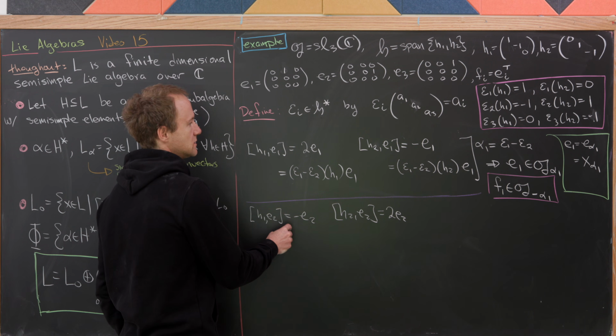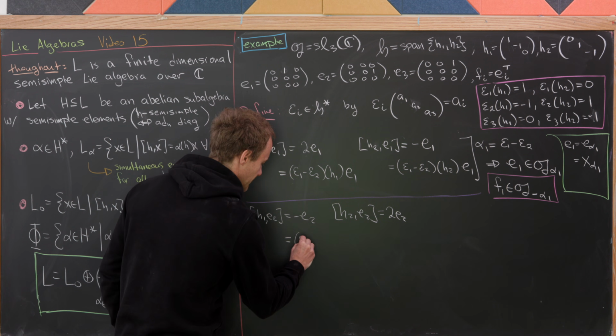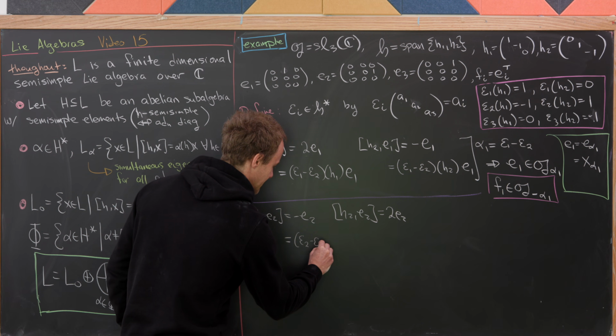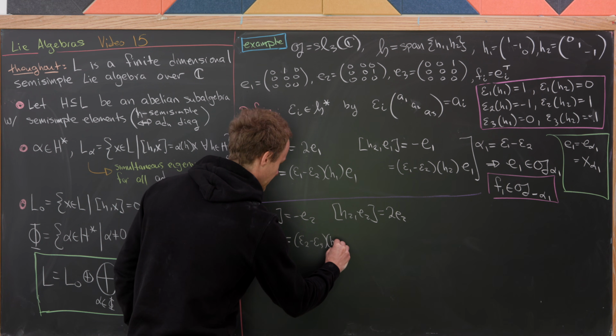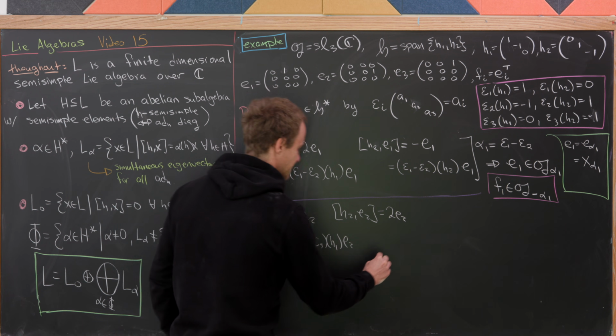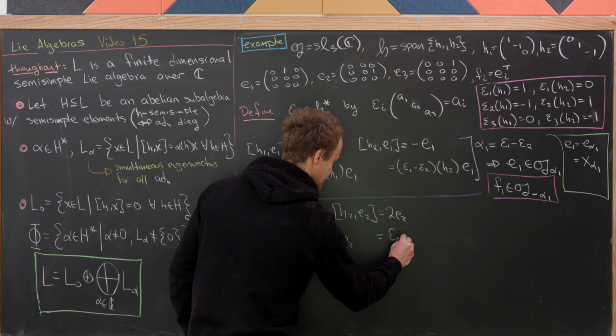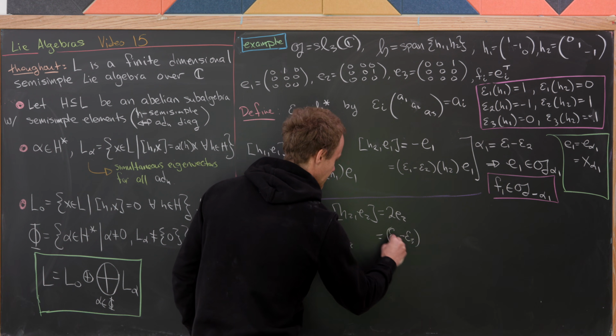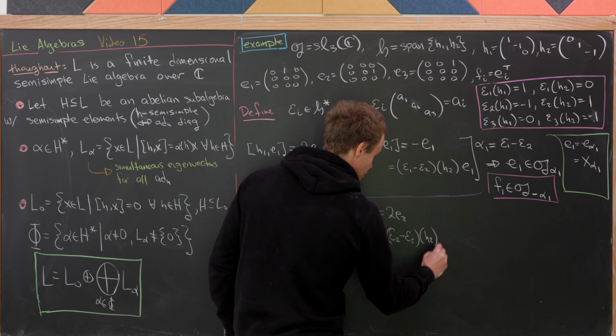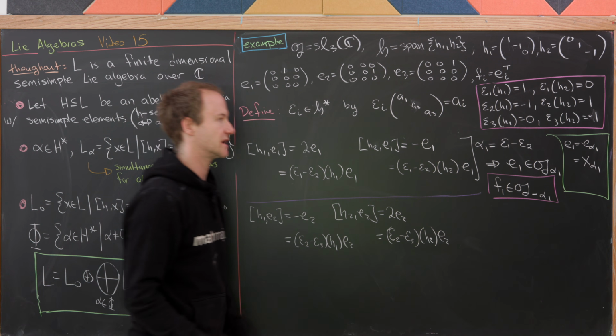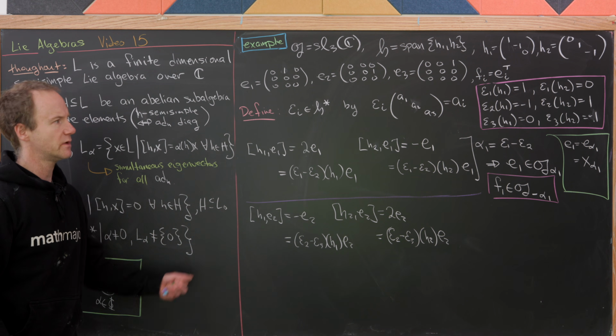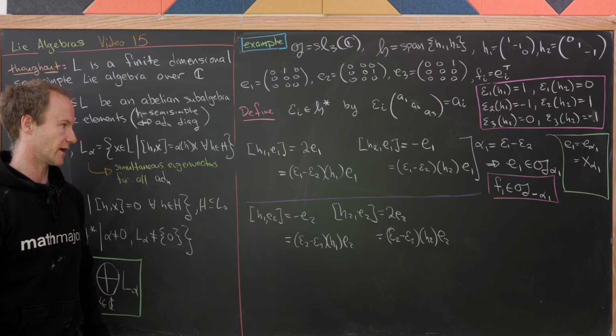And then, doing the same thing we did up here, this is in fact epsilon 2 minus epsilon 3 evaluated at H1 times E2, and this is in fact epsilon 2 minus epsilon 3 evaluated at H2 times 2E2. Again, we can see that from the chart over there.